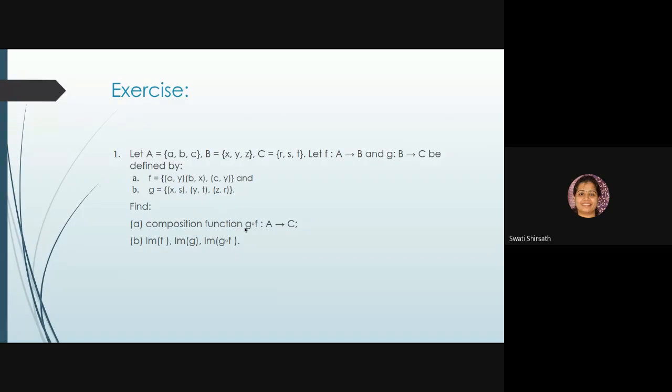So in g of f the first pair will be a comma t. Okay, then b to x and x to something, so x to s is there, so b to s is another pair. Then c to y and y to t, so c to t. Okay, and we don't have any mapping for z, something to z, so z will remain as it is. There will be no mapping for z.